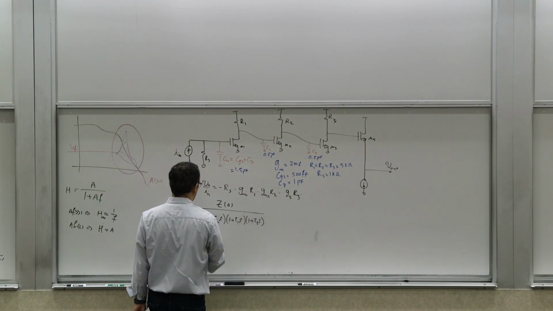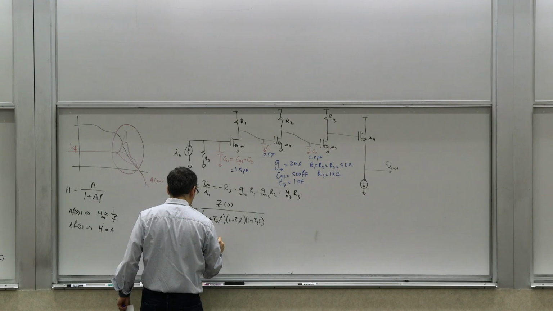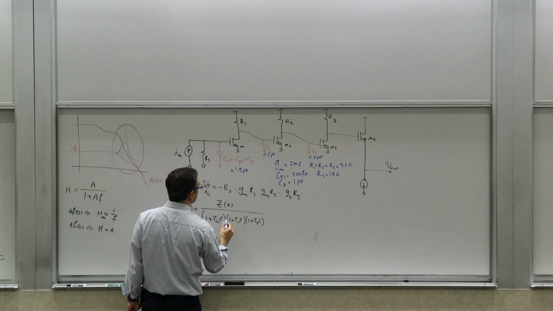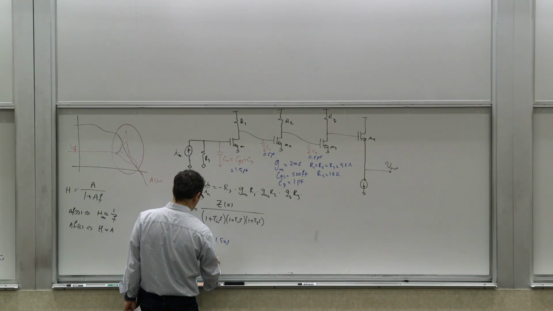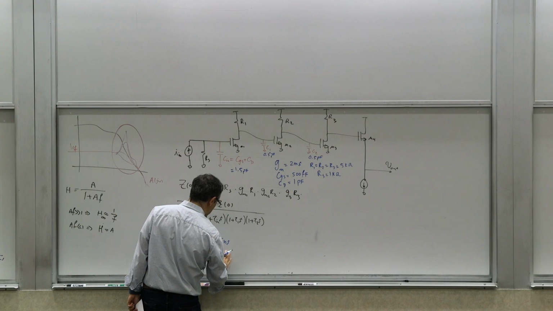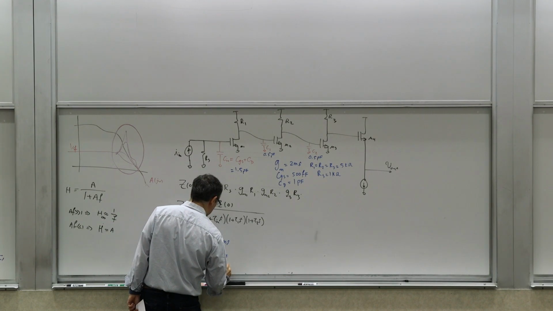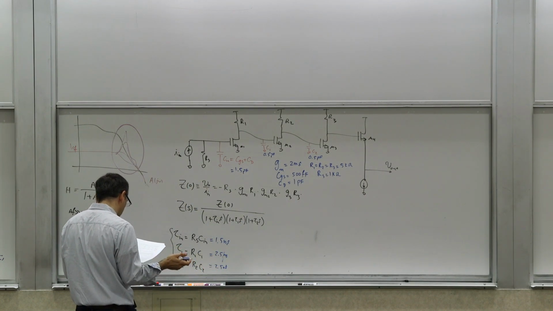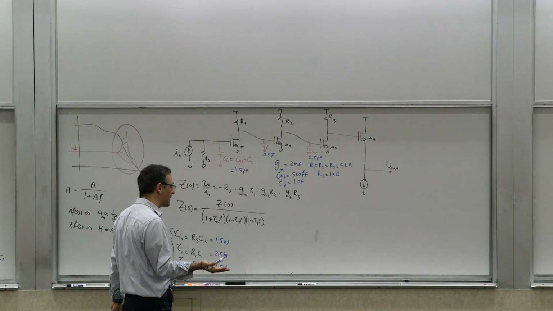And with these, you can calculate the time constants. The time constant tau in is going to be 1.5 nanoseconds, right? And R1C1 is 5K times 0.5 picofarads, which is 2.5 nanoseconds, and 2.5 nanoseconds. So you have 3 time constants. 2 of them are equal, 2 overlapping poles. So you have 3 left half plane poles.